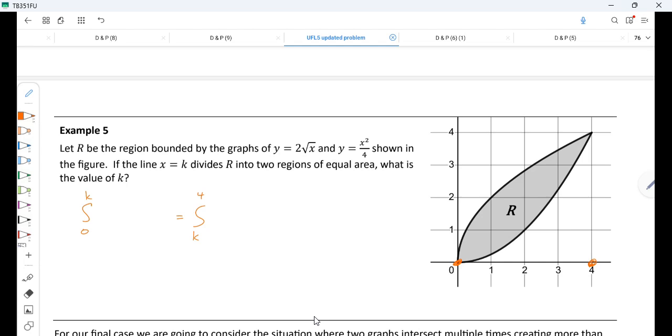All right, so from there, it's just a matter of putting f of x minus g of x on both sides. So we end up with 2 square root of x minus x squared over 4 dx, and then the same thing over here.